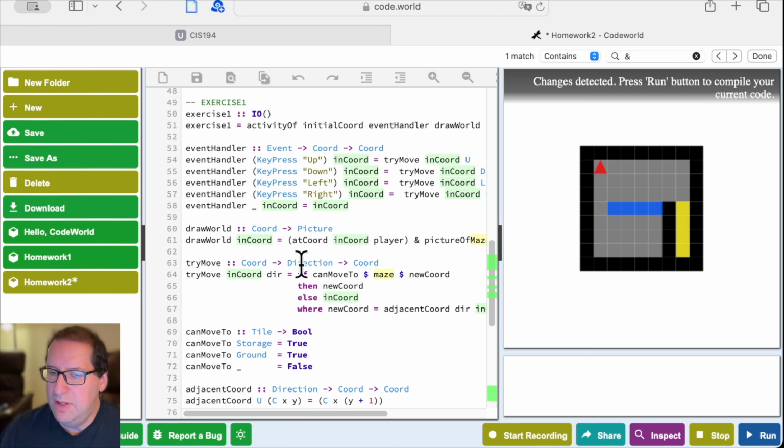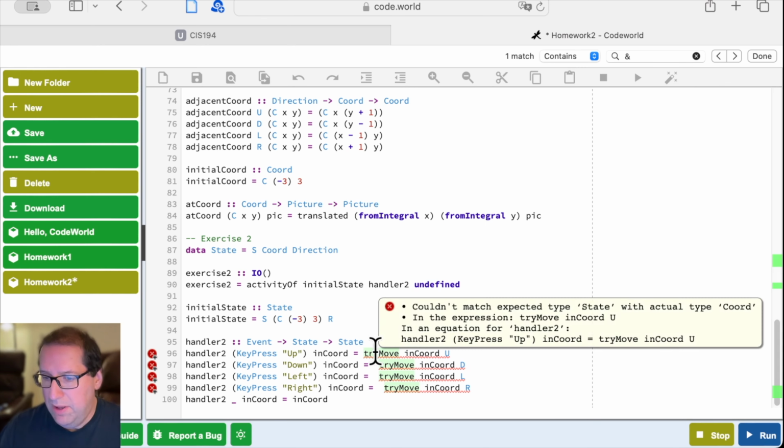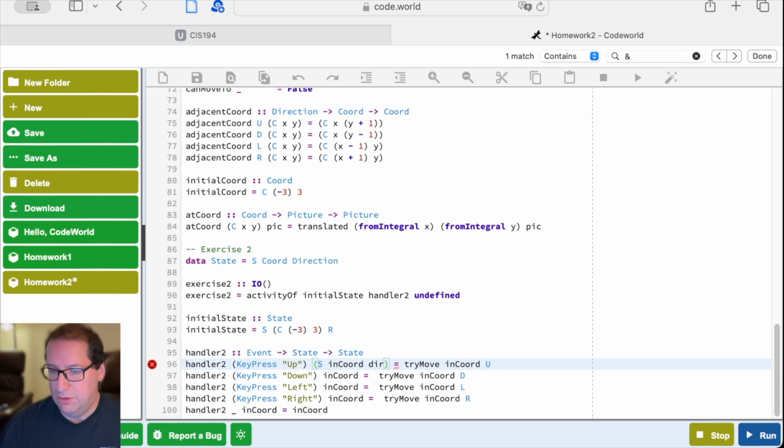But we don't need this to know anything about our state because we have the direction up here, I think. All right, well, let's try deconstructing one of these things in our pattern. Okay, so we've got a state. And that state has some coordinate, like so. And it has some direction, like so. I think this is actually correct.